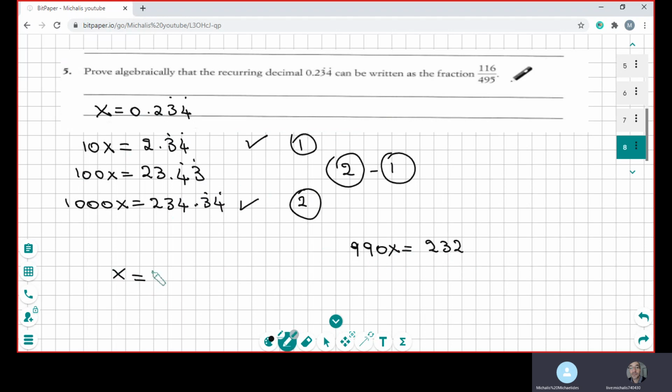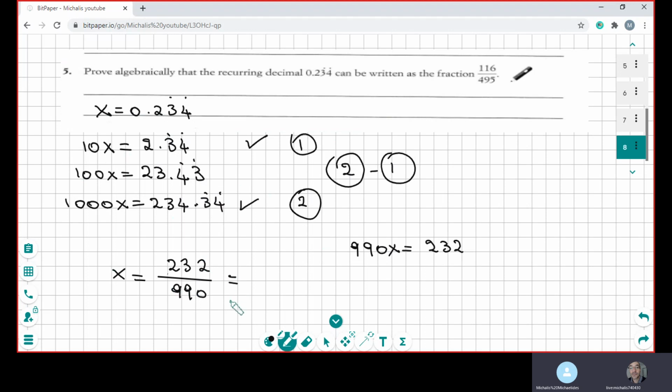Remember the equations: we divide both sides by the same number. So it's 232 divided by 990.